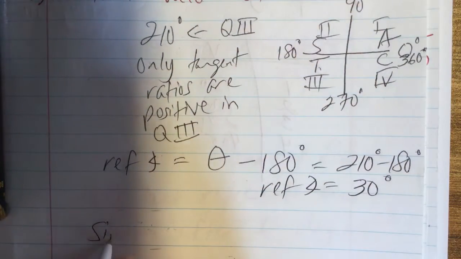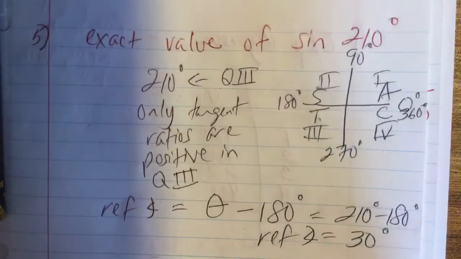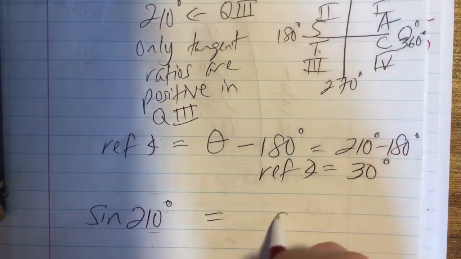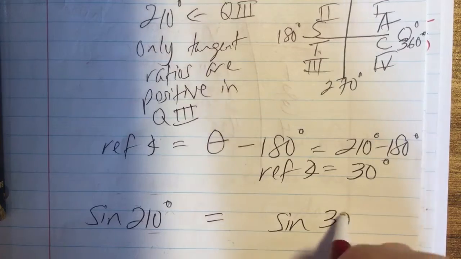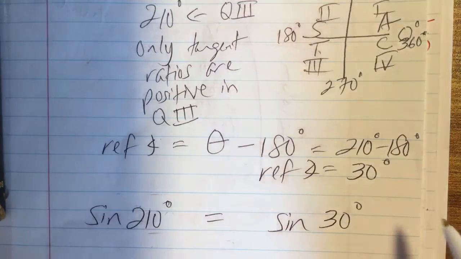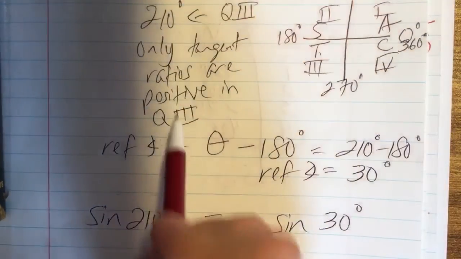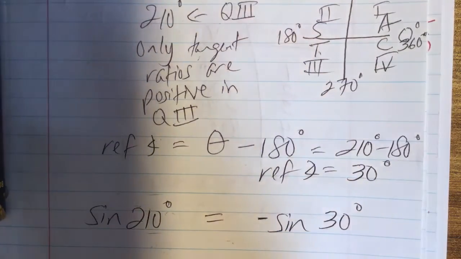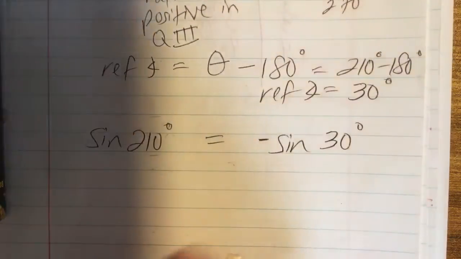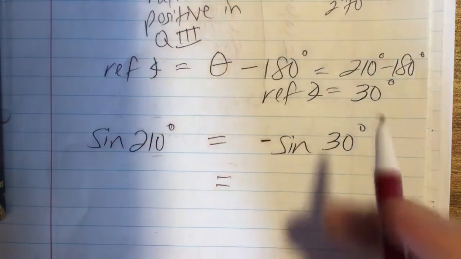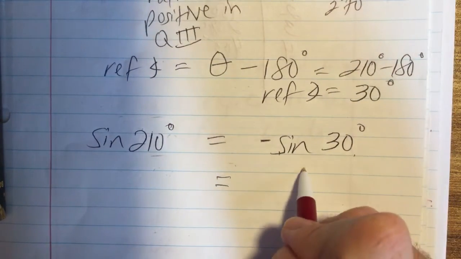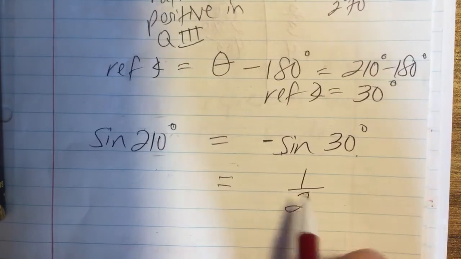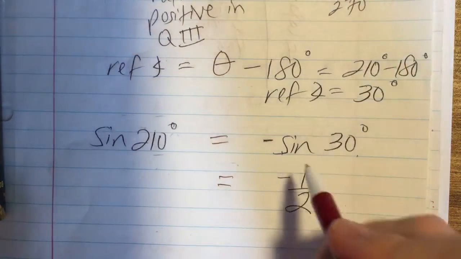That tells us that the sine of 210 degrees, which we're trying to find, is equivalent to the sine of 30 degrees, your reference angle. However, remember how only tangent is positive in quadrant 3, so the value of sine is going to have a negative in front. And then the last thing would be to realize that the sine of 30, the exact value from our charts, is 1/2, and we're going to make that negative.